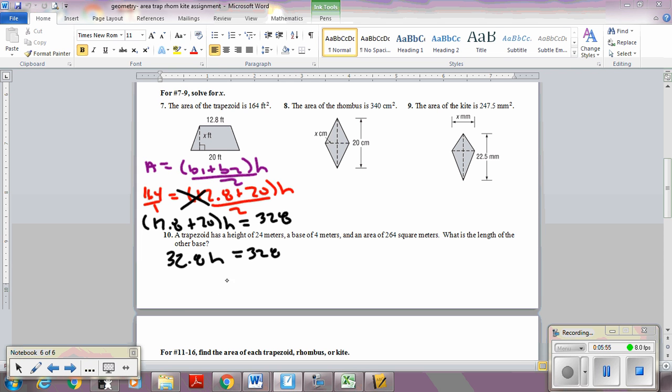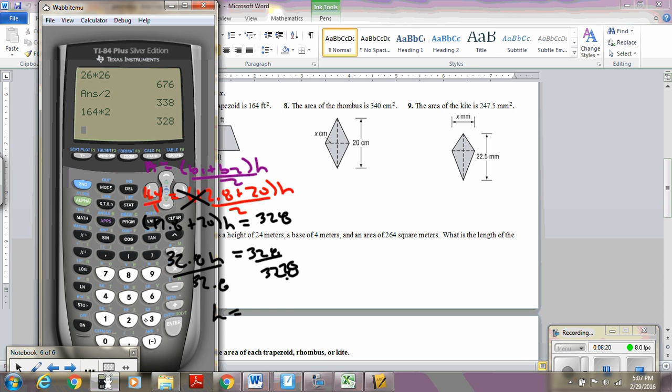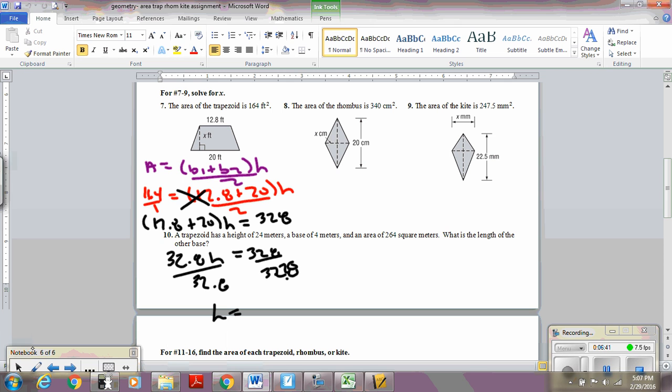And then divide both sides by it. And you would have h equals 10. And it's feet.